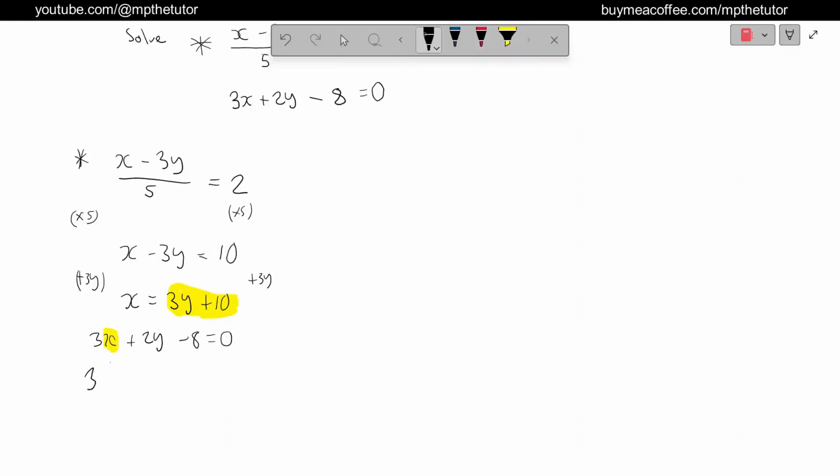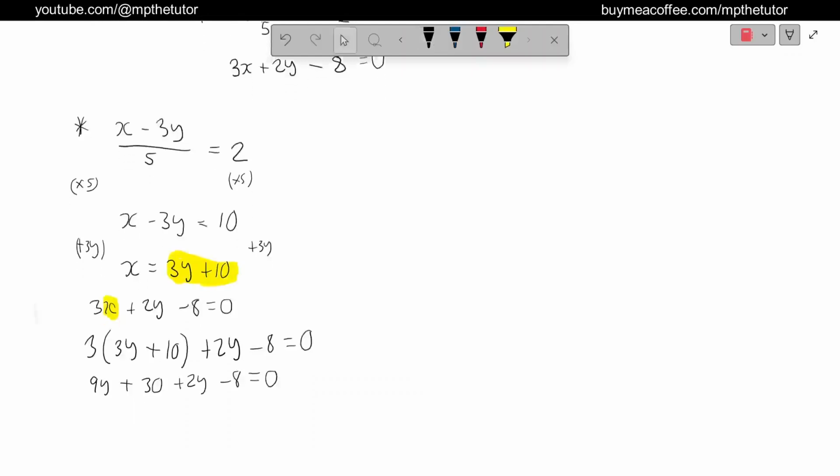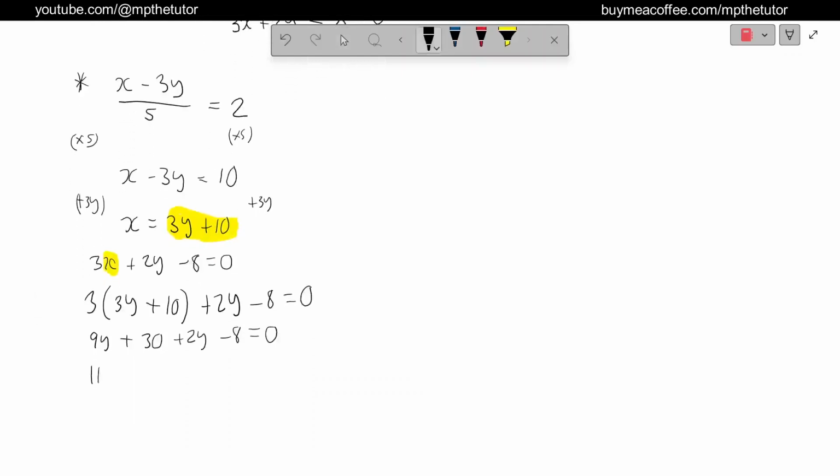So we have 3 lots of (3y plus 10) plus 2y minus 8 equals 0. Let's expand this out. So you have 3 times 3 is 9y. 3 times 10 is 30, plus 2y minus 8 equals 0. Well, that's 11y plus 22 equals 0.